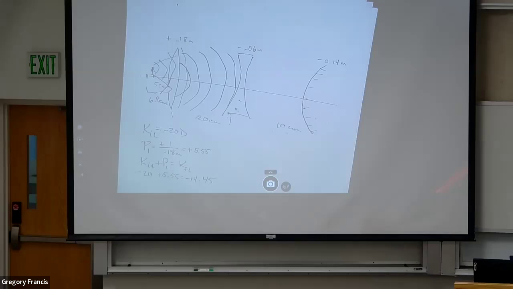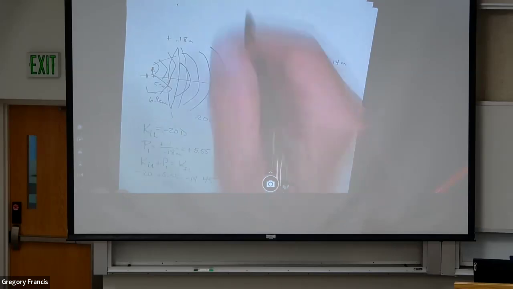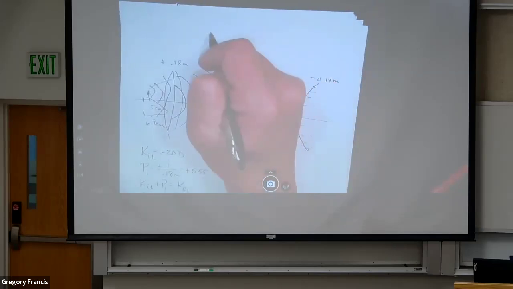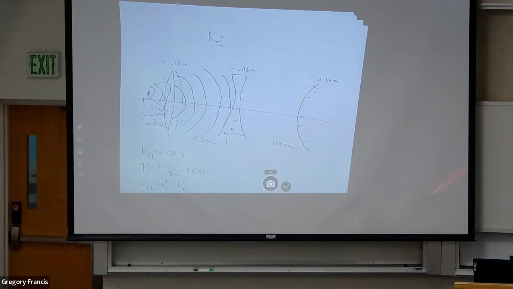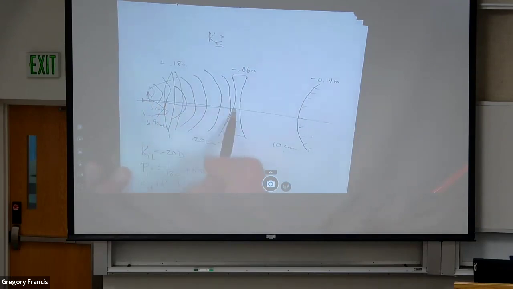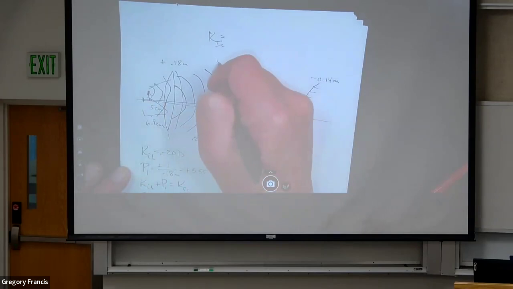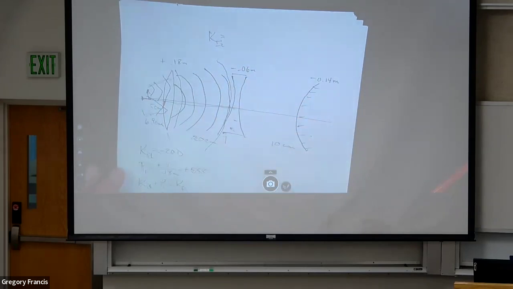Okay, now the next thing we do is we say, what's going to be the K initial when it gets to the second lens? Well, I have to use this distance here plus this distance here, because when that wavefront gets there, it's spread out as if it came from this virtual image 6.9 centimeters to the left of the first lens.